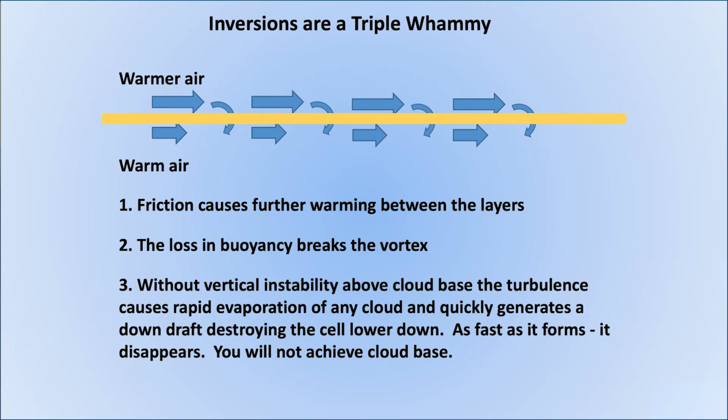And without vertical instability above cloud base, the turbulence causes rapid evaporation of any cloud and quickly generates a downdraft, destroying the cell lower down. As fast as it forms, it disappears. And it's extremely unlikely you'll achieve cloud base flying under thermals generated in this way.